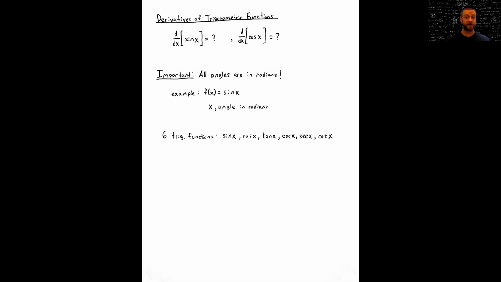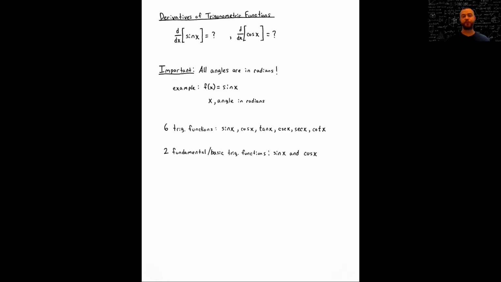There's 6 trig functions in total, but how many are there really? Well, I'm going to argue that there's really 2. So there's 2 fundamental or basic trig functions, sine of x and cosine of x. The other 4 trig functions are combinations of sine and cosine. So hopefully you recall some identities.